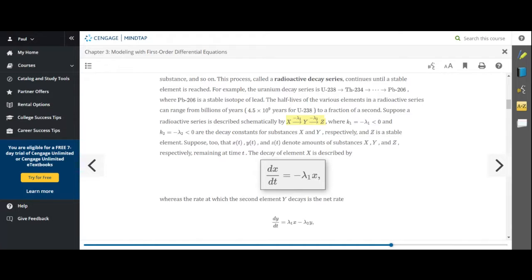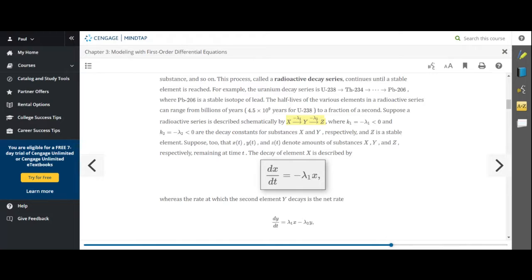So dx/dt equals negative lambda 1 times X. Let's look at that first differential equation. That's saying that element X is decaying how? How would you describe the decay of this radioactive element X?